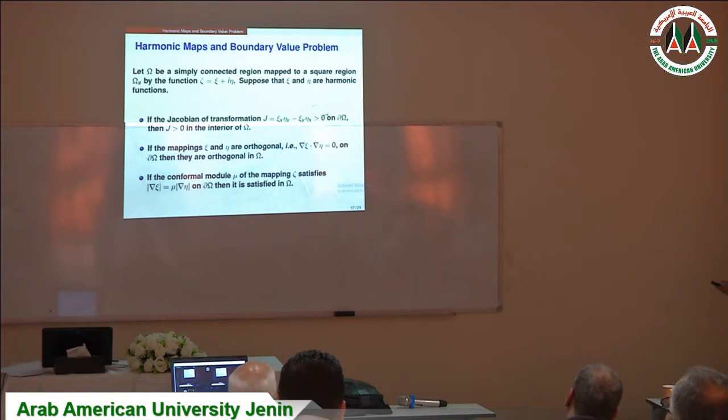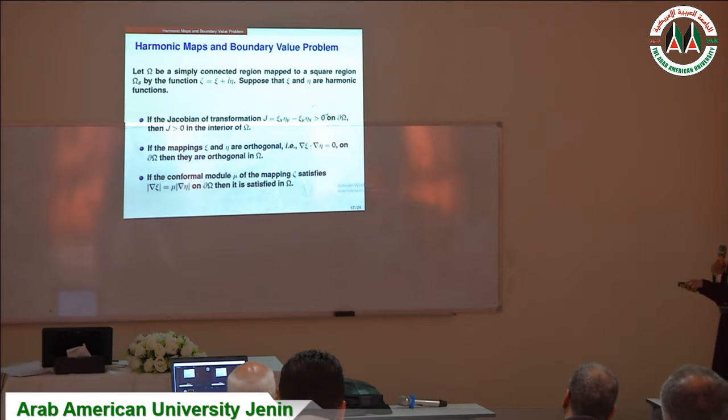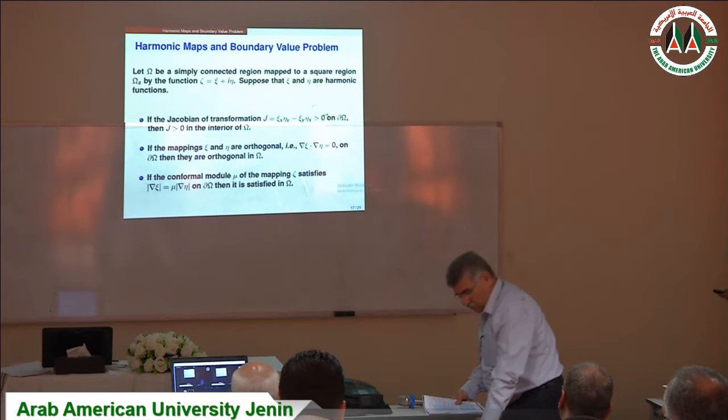Here are some theorems that we need to solve the boundary value problem. They say that if the orthogonality property and the anisotropy property are satisfied on the boundary, then they are satisfied in the interior.